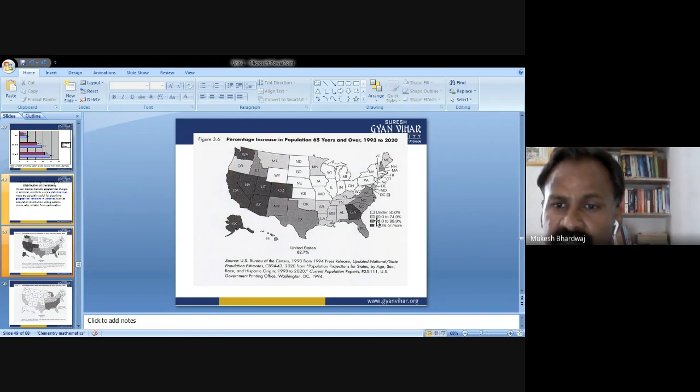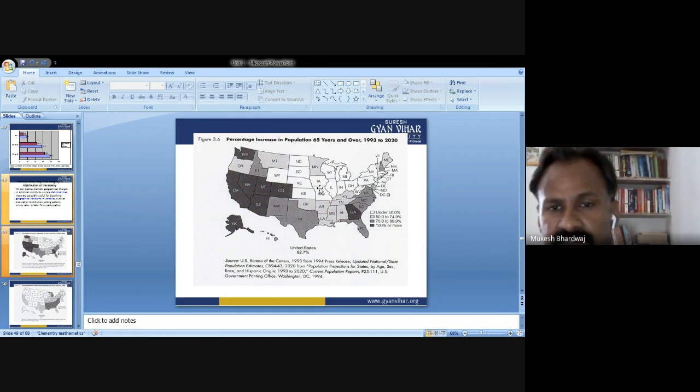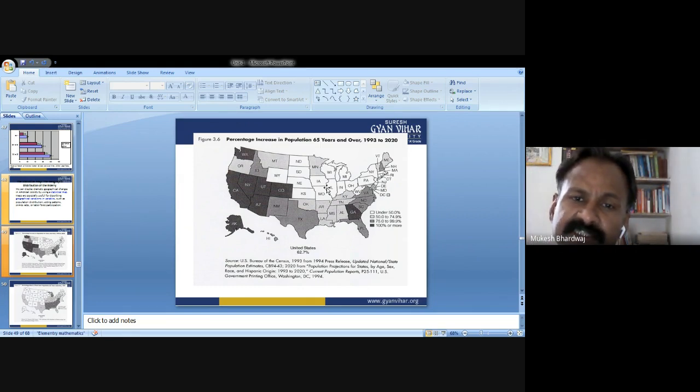So shades are under 50%. First of all, the heading is percentage increase in population 65 years and over. That is, we have to show graphically the percentage increase in population of persons 65 years and more than 65 years of age within the region, within the time 1993 to 2020.